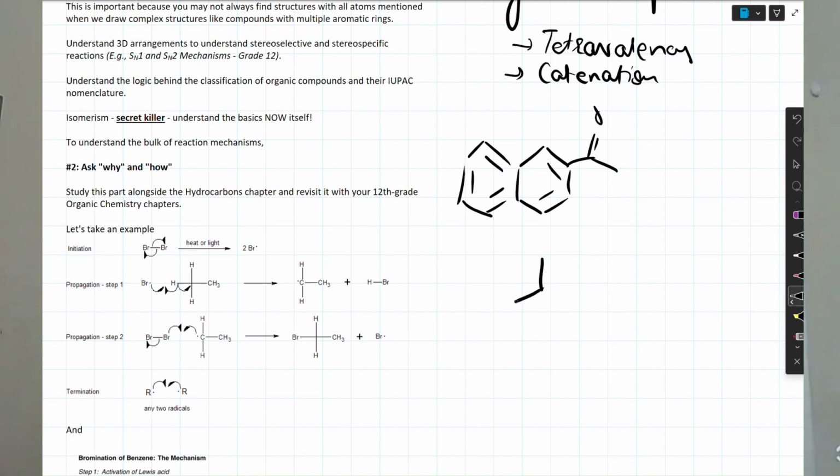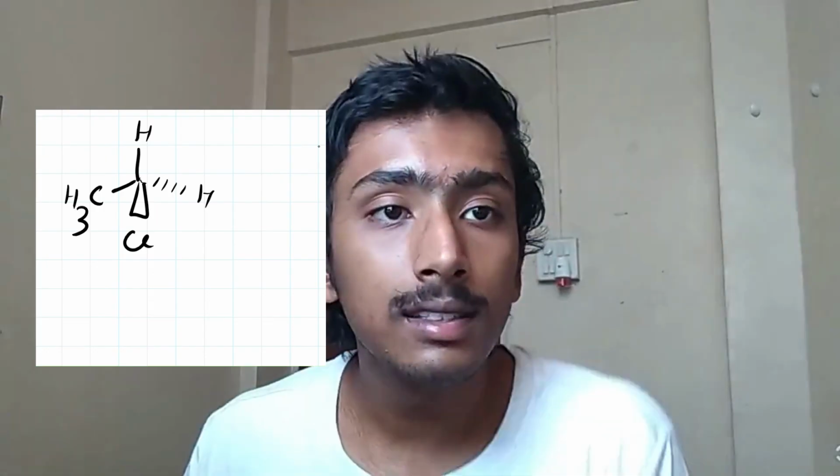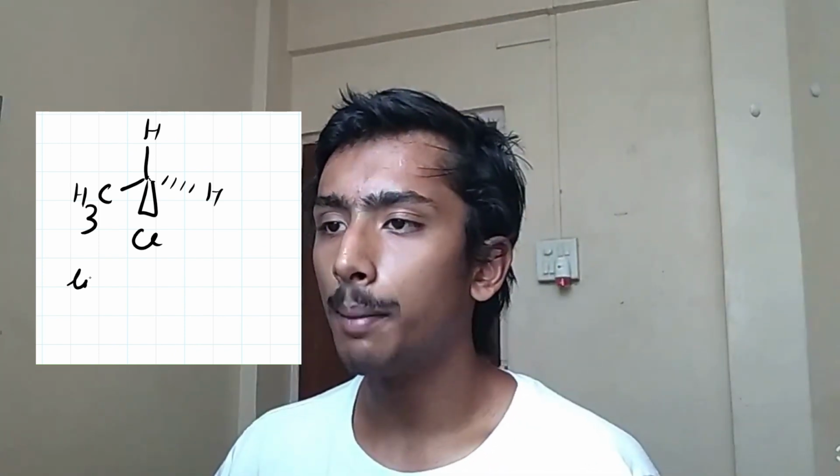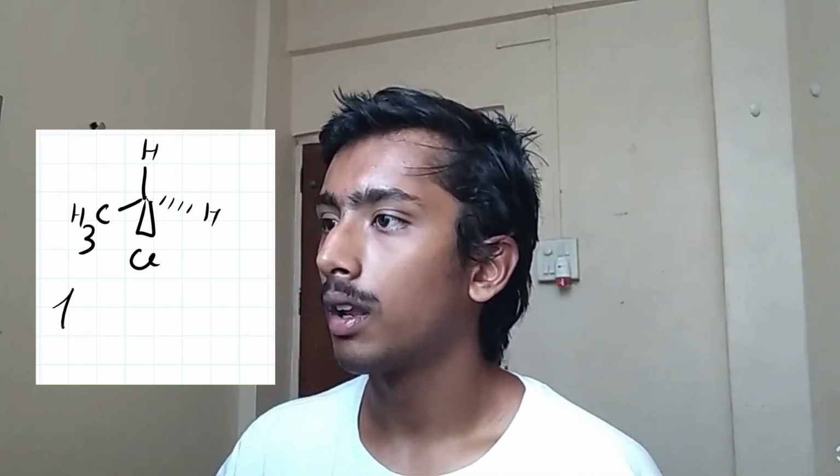Moreover, 3D arrangements, where you're dealing with your isomers, especially. Say you have something like this, where I have say a hydrogen over here, a hydrogen over here, a chlorine over here, and say a methyl group over here. This arrangement, this flying wedge structure, you'll come across these terms definitely.